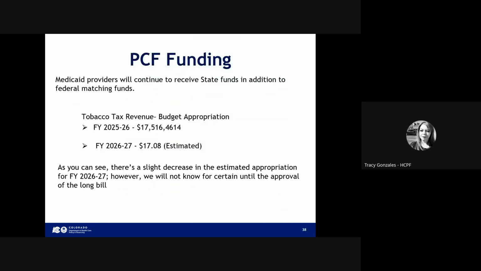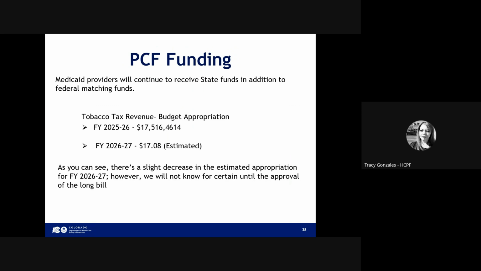Medicaid providers will continue to receive state funds in addition to the federal match. And as I showed you in that previous slide, the tobacco tax revenue does continue to decrease. So therefore, the funding for fiscal year 26-27 decreased as well.